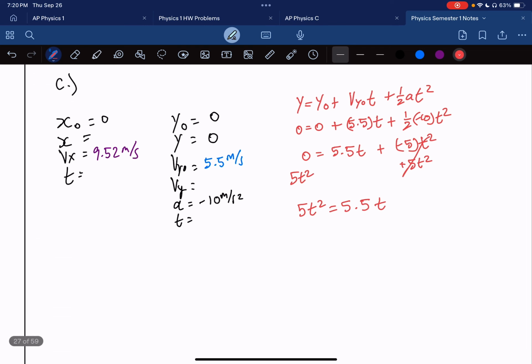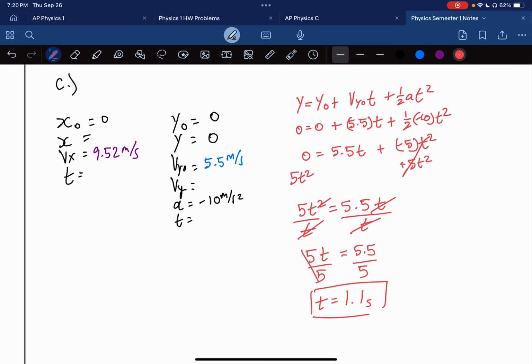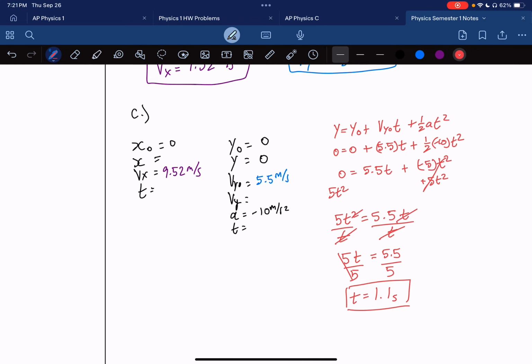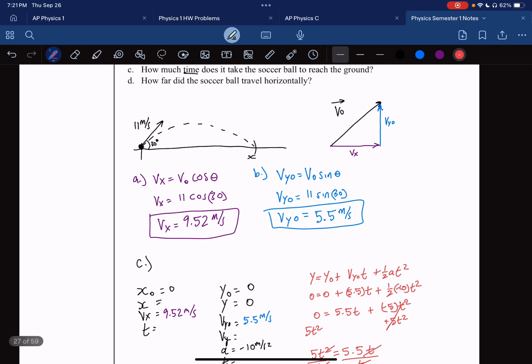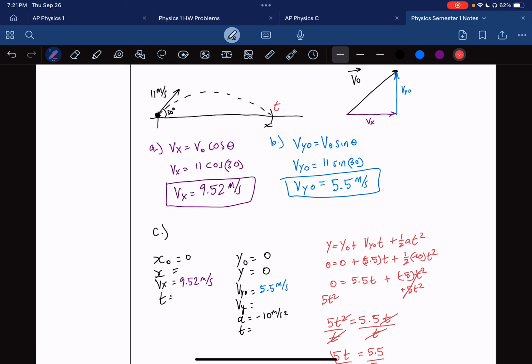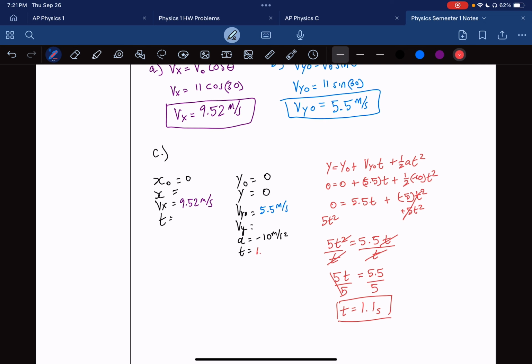Okay. Let's divide by t on both sides. Crosses out that t, crosses out just one of those t's. We're left with 5t equals 5.5. Divide by 5. T is equal to 5.5 divided by 5, which is 1.1 seconds. Cool. That is the time for both lists. The time it takes for the ball to get here is also the time it takes for the ball to get there. So it's 1.1 seconds.